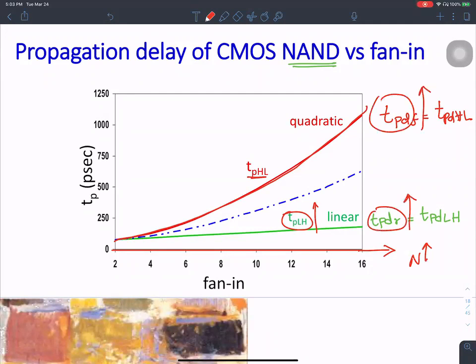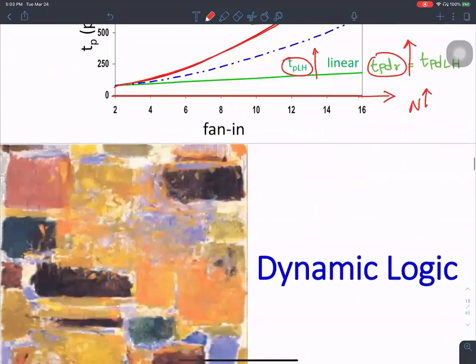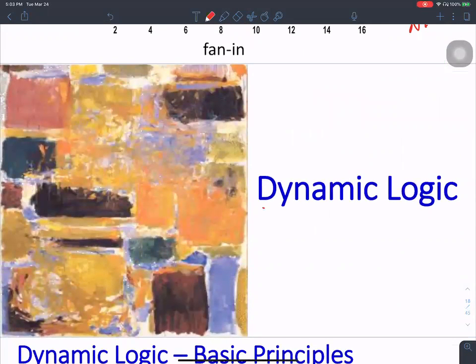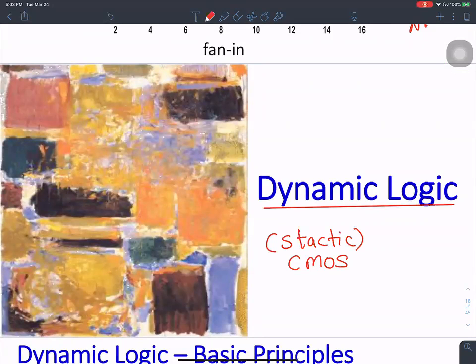So that's a disadvantage. In order to fix all of these problems, we use what is known as dynamic logic gates. Dynamic logic gates are, in some sense, a solution to all the problems of CMOS logic. This CMOS, we are going to refer to as static. Dynamic logic gates are an improvement or a modification of static CMOS logic.